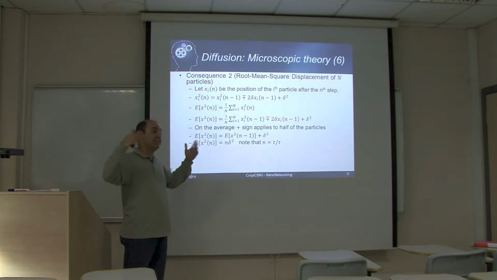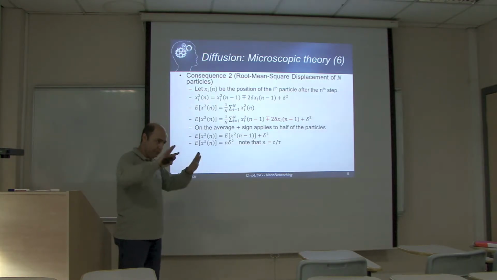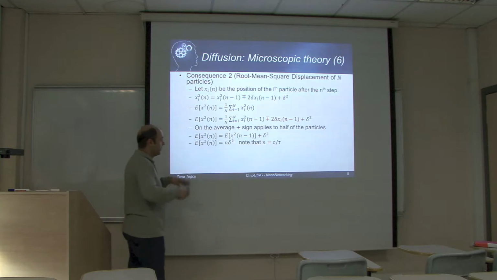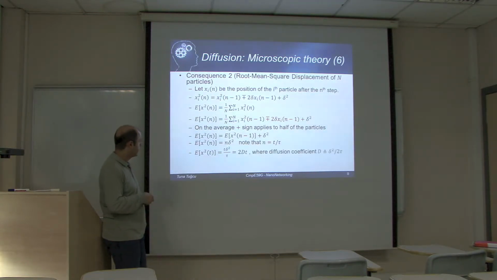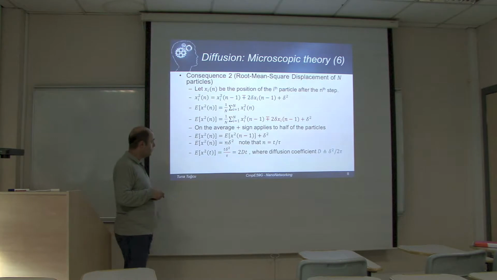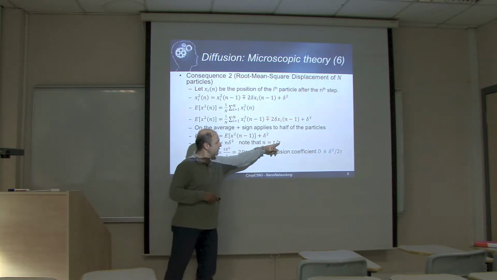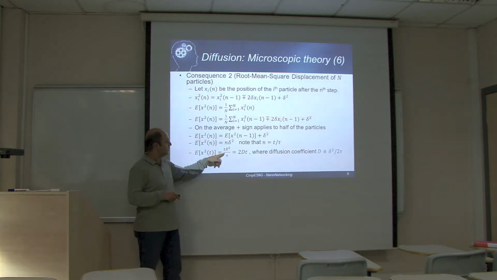So the variance increases, but the mean is still the same, as you will remember. Remember, n is the time that has passed up to now, divided by the duration for a step, tau. So expected value of x squared of t, if you substitute t over tau for n, would be t times delta squared over tau.